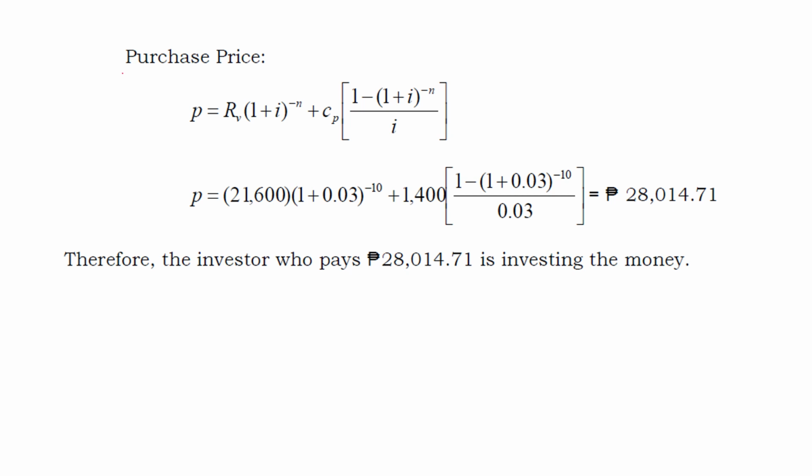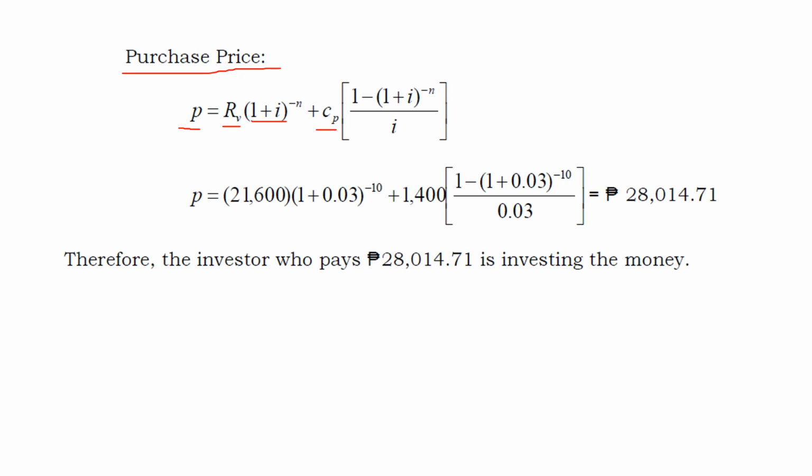So for the purchase price, as you can see, there is a given formula. So we just simply substitute all the given values for the unknown variables in this formula. Your P will represent your purchase price, which will be equal to RB multiplied by 1 plus i raised to negative n, plus your CP multiplied to the fraction, which is 1 minus 1 plus i raised to negative n over your i.